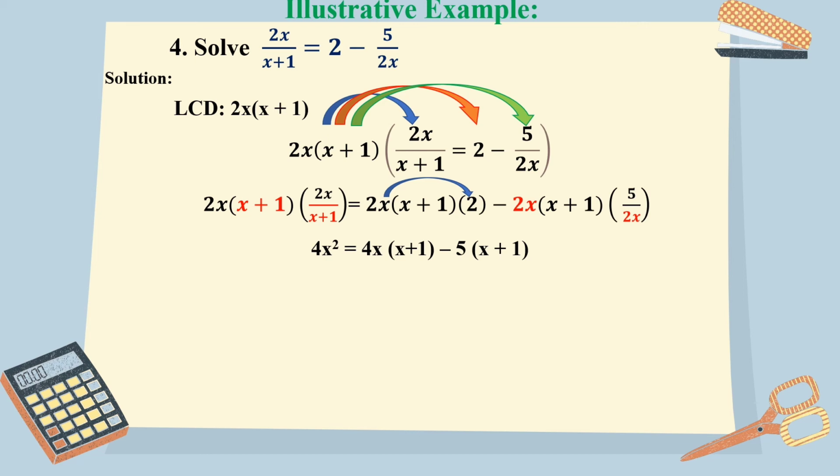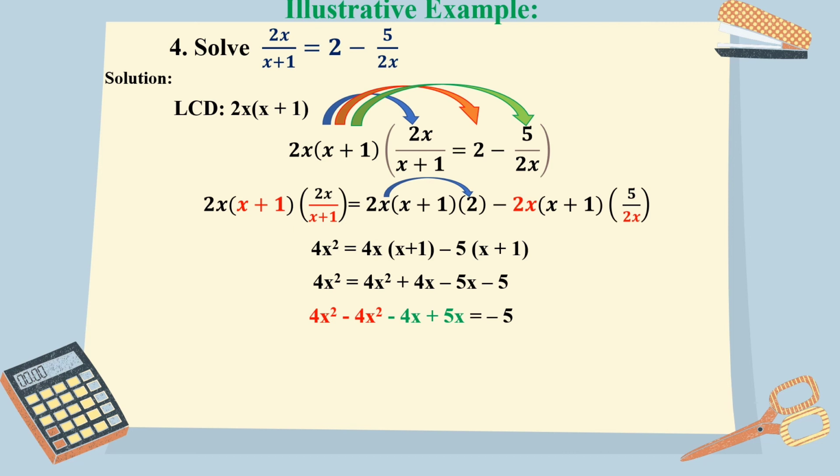It's not yet done. On the right side of the equation, we have to multiply 4x times x and 4x times 1. We also have negative 5 times x and negative 5 times 1. We now have 4x squared is equal to 4x squared plus 4x minus 5x minus 5. We need to move the terms that has literal coefficient on the left side of the equation.